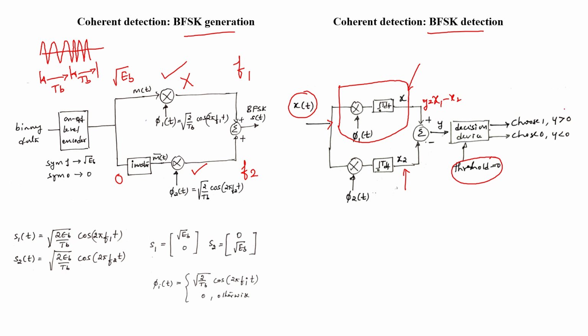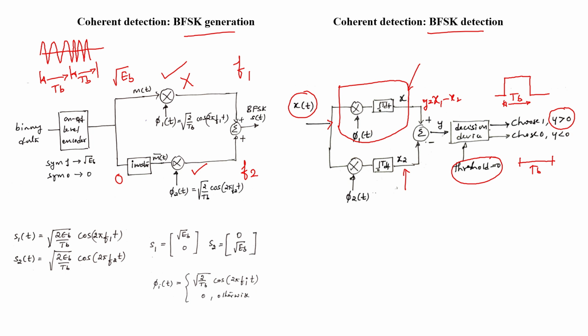If the value of y is greater than 0, the decision device will generate binary 1 with a suitable amplitude for TB duration. Otherwise, it will not generate anything, so the decision device output will be 0 for TB duration.